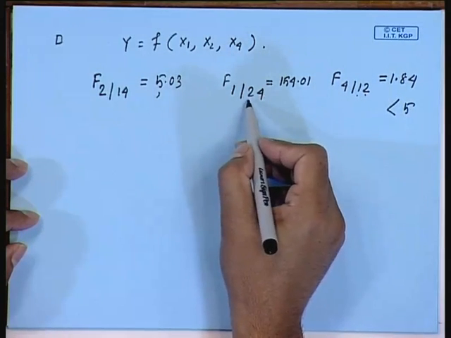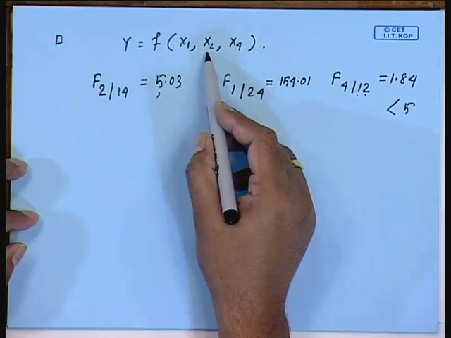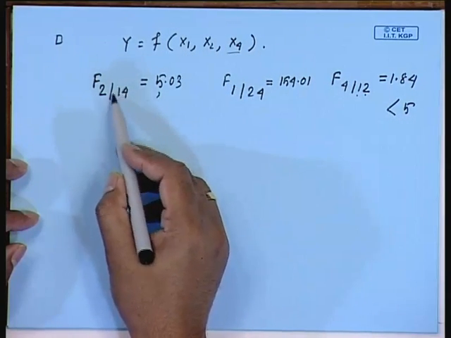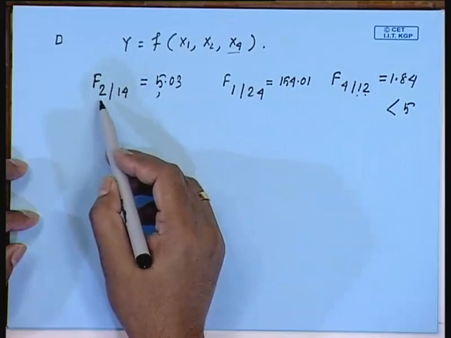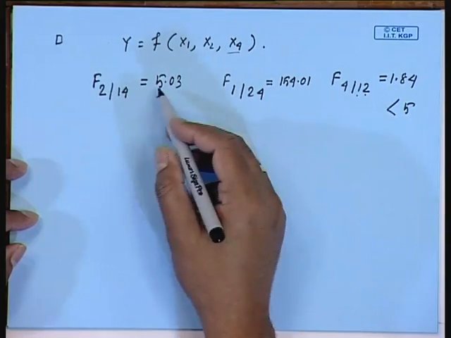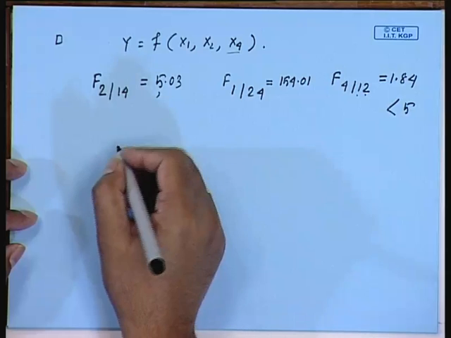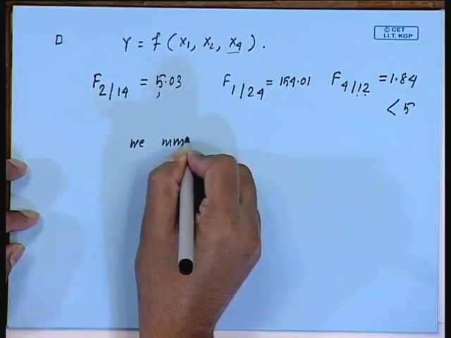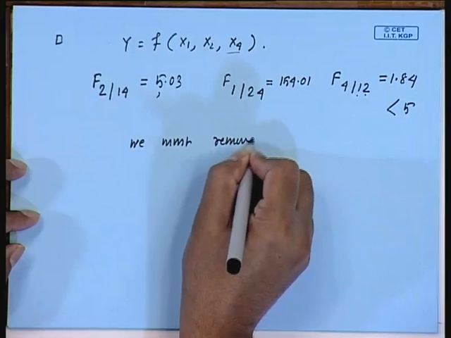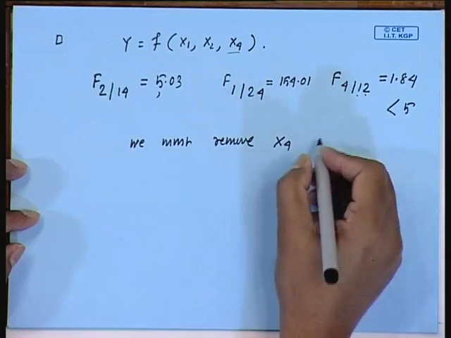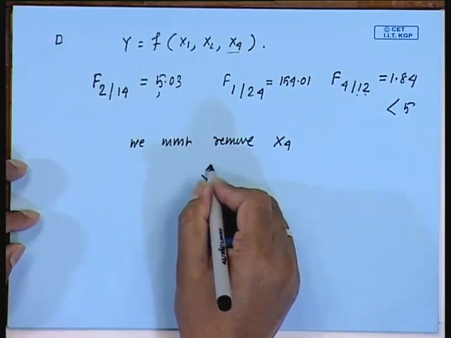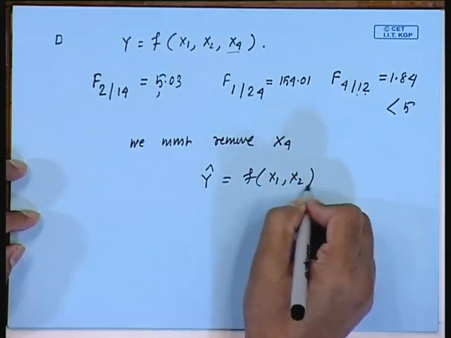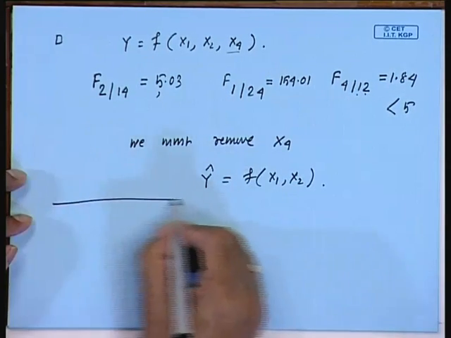But in the presence of these 2 regressors, x1 is significant. In the presence of these 2 regressors, x2 is significant. So, these 2 will be there in the model, but we must remove x4 from the model. So, the model is y equal to f in terms of x1, x2.